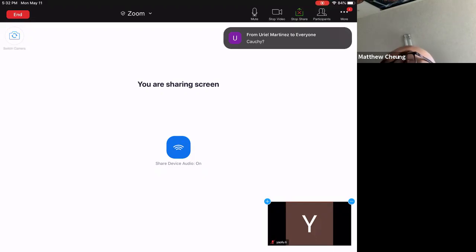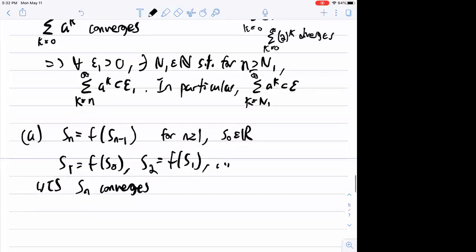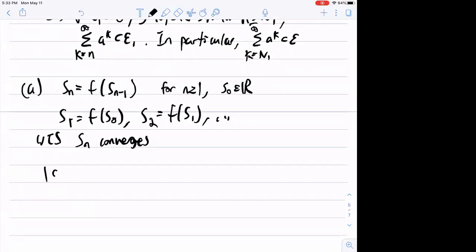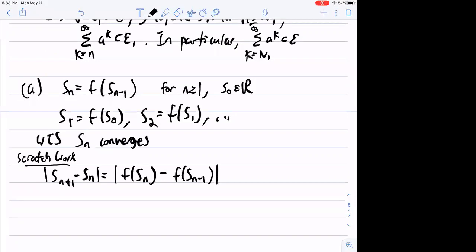Yeah, exactly. Show it's Cauchy. But before we show it's Cauchy, let's see how these interact, because you'll see it interacts pretty well. So f of Sn, by definition, is just f of Sn minus 1 evaluated through f.